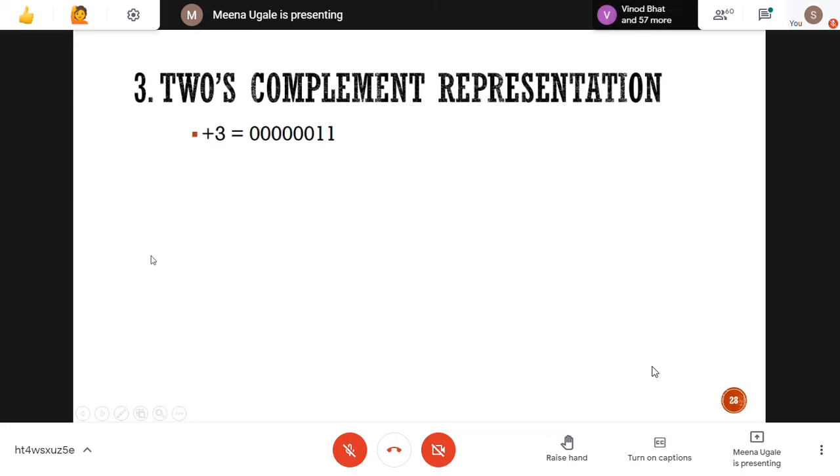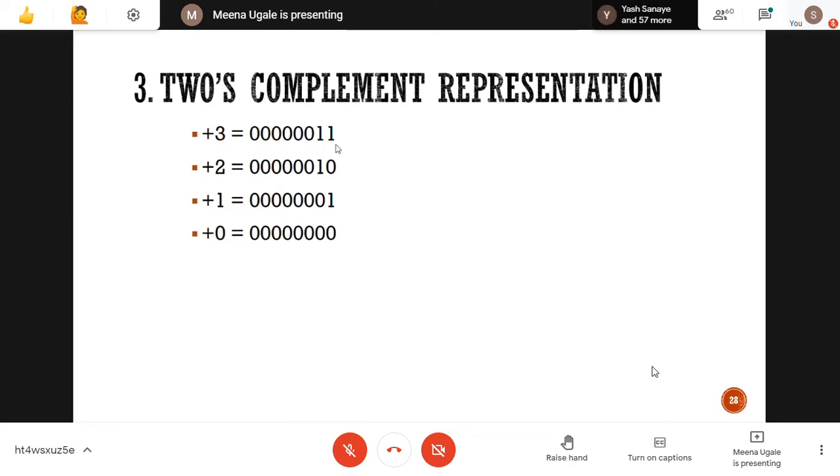How are 2's complement numbers represented? Few examples listed here. +3: when I'm writing +3, it will be a normal representation. +2, normal representation. Only thing, I'm using 8-bit format here. This is 1 and this is 0. Now I will go for -1. When I will go for -1 representation, what I should do? +1 का रिप्रेजेंटेशन है आपके पास, इसका वंस कॉम्प्लीमेंट निकालना है और उसमें 1 ऐड करना है.